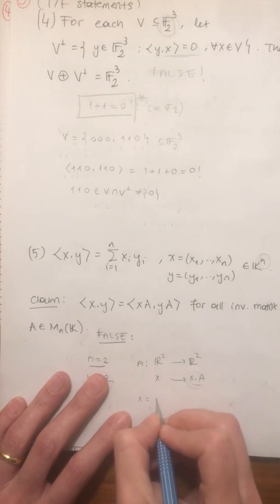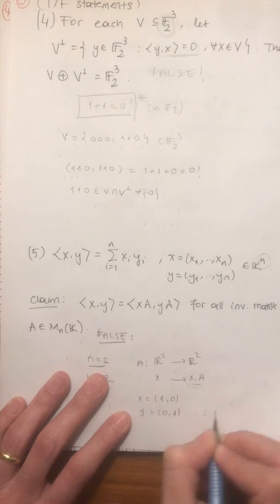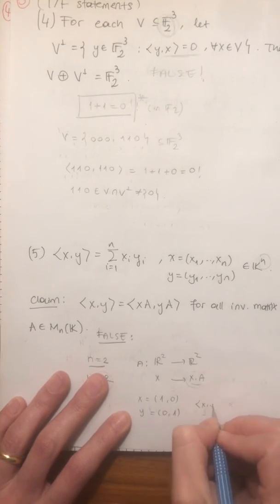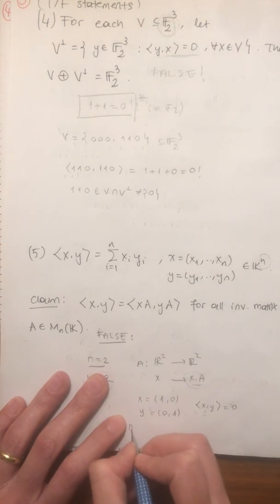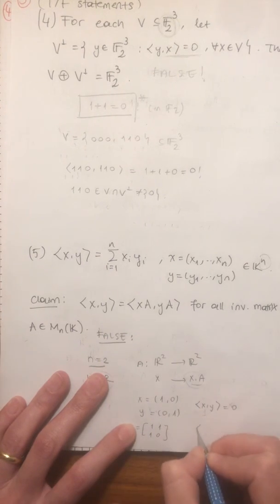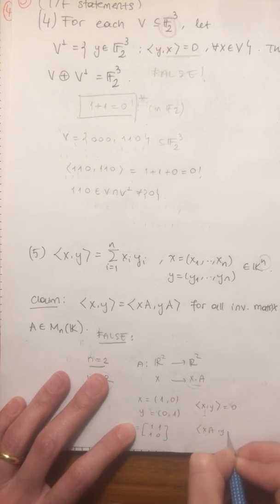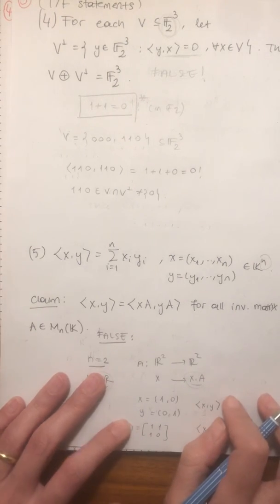When I consider the standard basis, they are going to be orthogonal to each other. But for an invertible matrix, we see that orthogonality is not preserved anymore. So this statement is false.